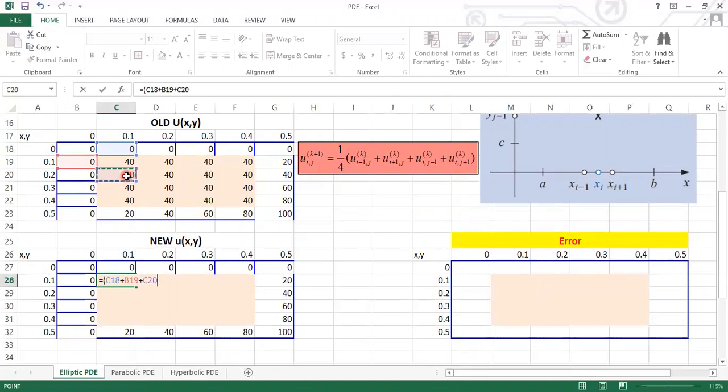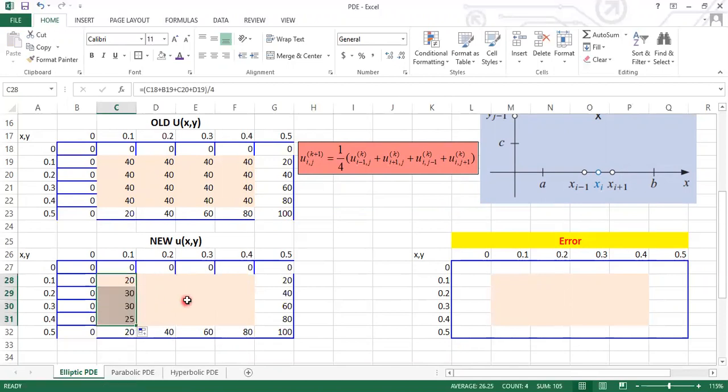Then this value uij plus 1, and this value is equal to ui plus 1j. So it is a weighted average of these, divided by 4, and so we get a new value. And similarly, we will repeat that strategy for all these surrounding points. So we have the new values after the first iteration.